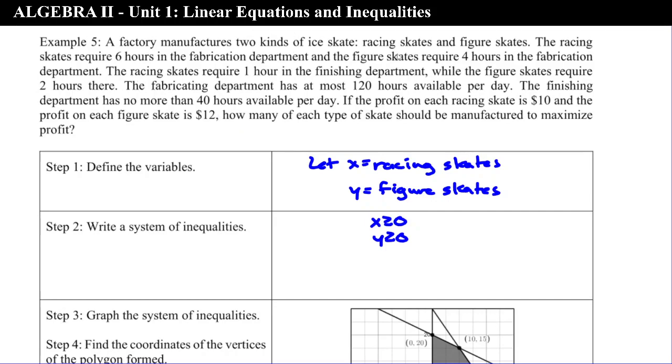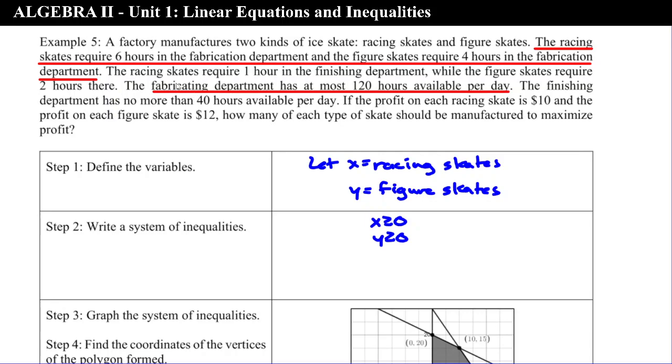So we know that racing skates require 6 hours in fabrication and figure skates require 4 hours in fabrication. Okay, so this sentence is going to be a bit of a key for our first constraint, because this all deals with fabrication. Well, the fabricating department has at most 120 hours available per day.